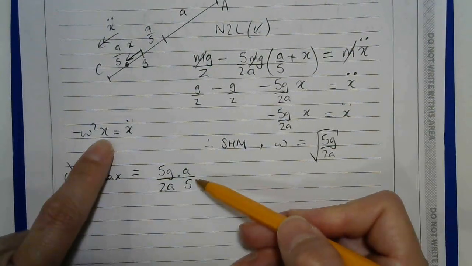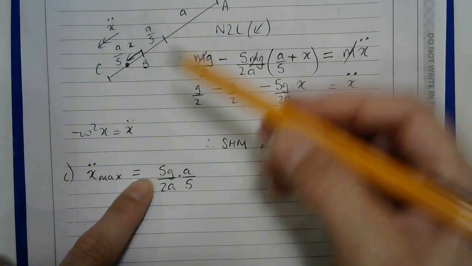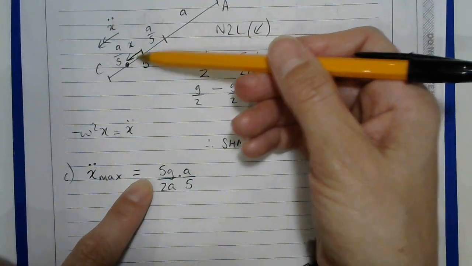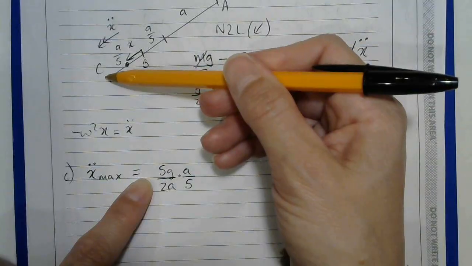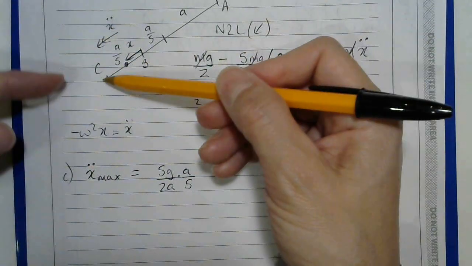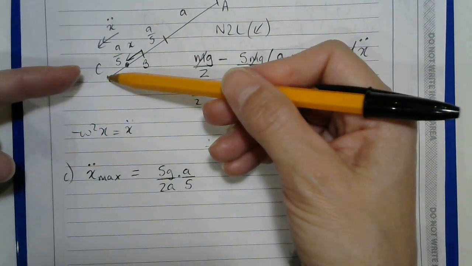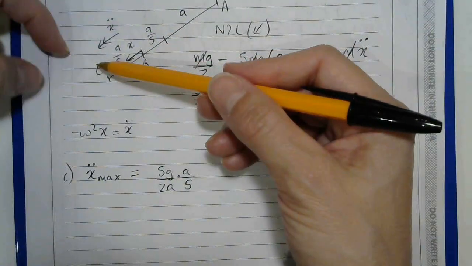So I've done omega squared multiplied by x, but I've just missed out the negative sign. That is because x is measured in this direction. So when we're talking about it being here, the acceleration will actually be up the slope, because the string will try to return to the equilibrium position. So therefore you will end up with a negative acceleration, because as we said, acceleration is measured down the slope.